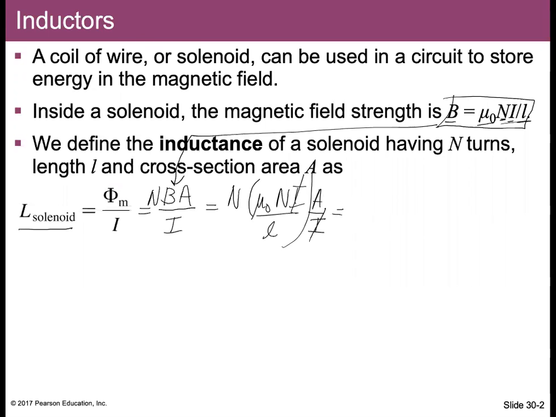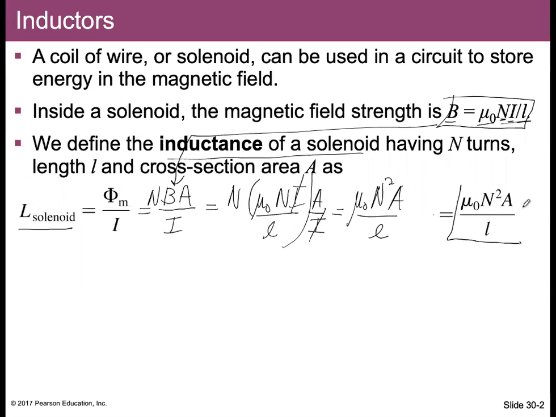So we end up with mu naught N squared A over L. So we see that the inductance of a solenoid is mu naught N squared A over L. So it is proportional to the square of the number of turns, and it's proportional to the area divided by its length.